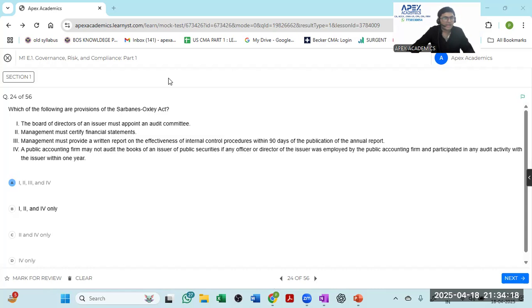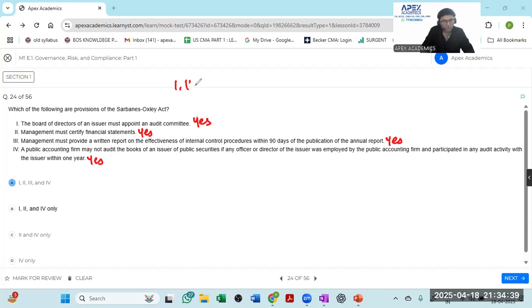The board of directors of the issuer must appoint an audit committee. Yes, they must. The management must certify the financial statements. Yes, in the management's report. The management must provide a written report. Yes, we have written this a lot. And finally, this should also be there.